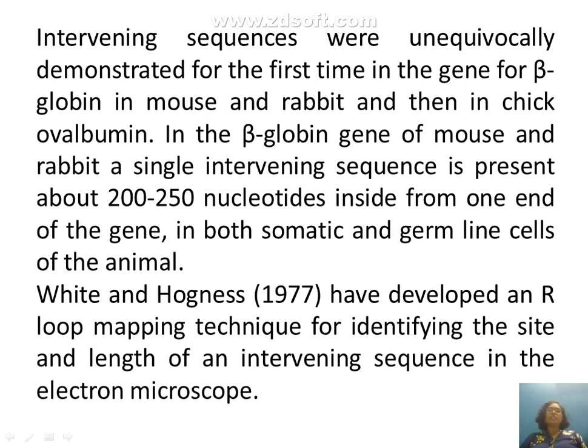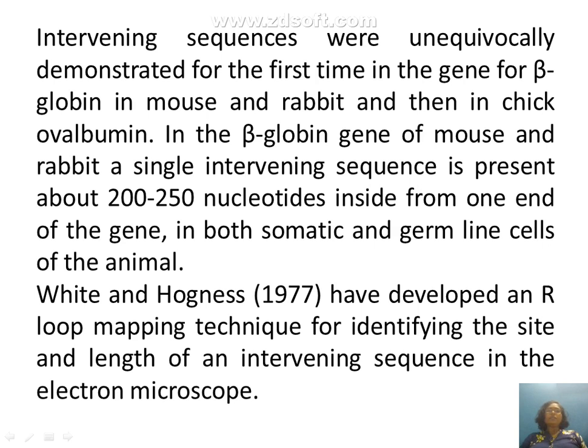In the beta globin gene of mouse and rabbit, a single intervening sequence was present, about 200 to 250 nucleotides inside from one end of the gene, in both somatic and germ line cells of the animals. Understood? Okay.